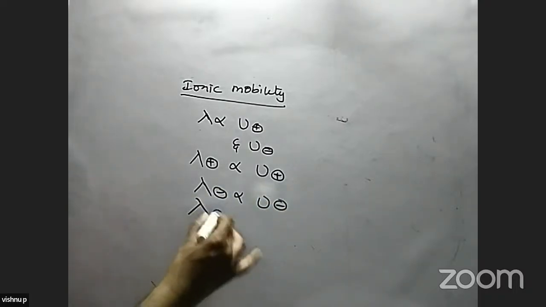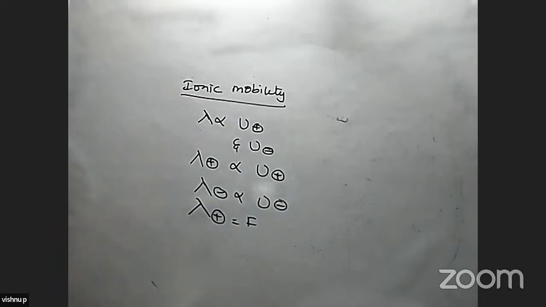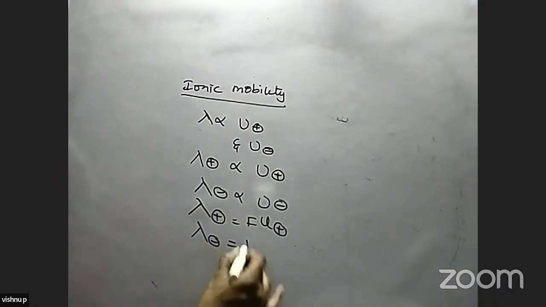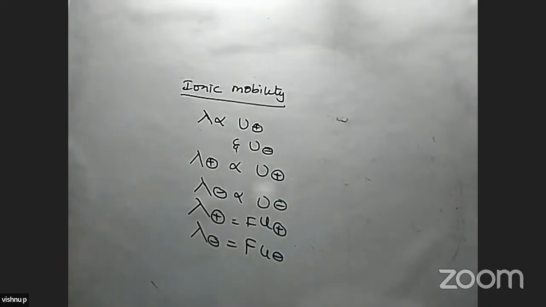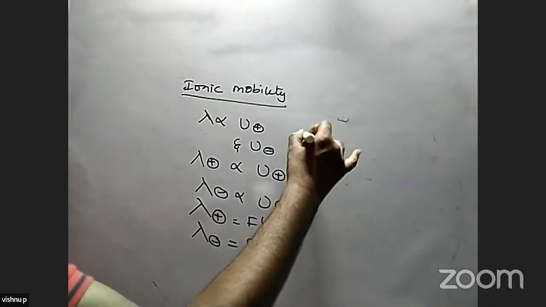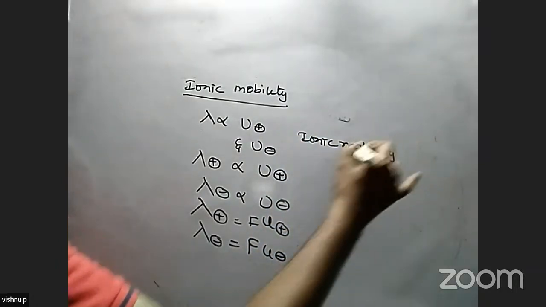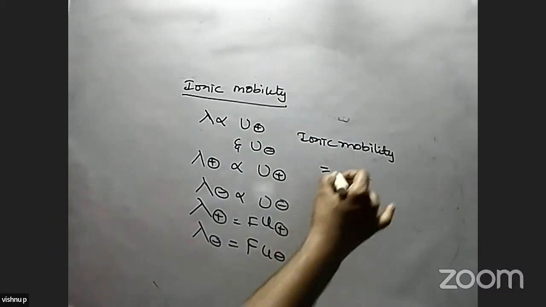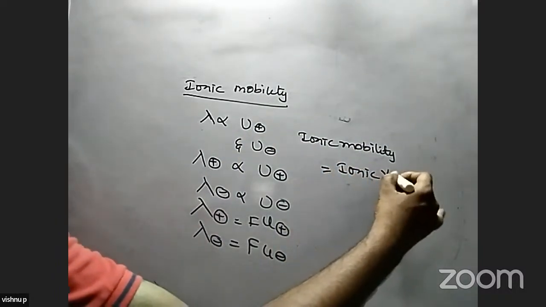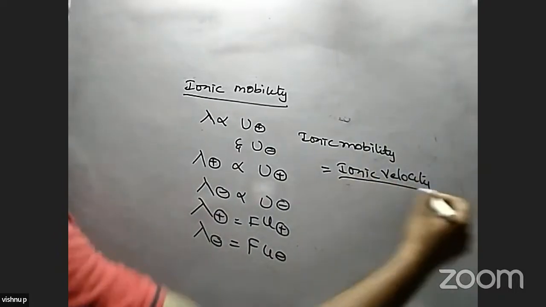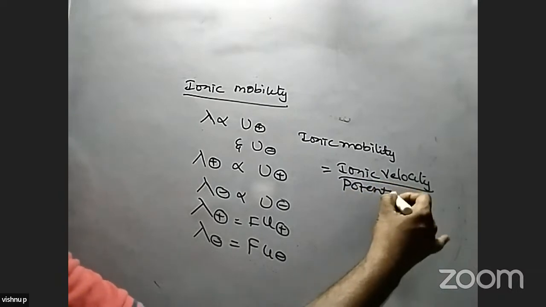Or conductivity of a cation is equal to the Faraday number times the mobility of cations, and conductivity of anions is equal to the Faraday number times the mobility of anions. So what is ionic mobility? It is equal to ionic velocity by potential gradient.